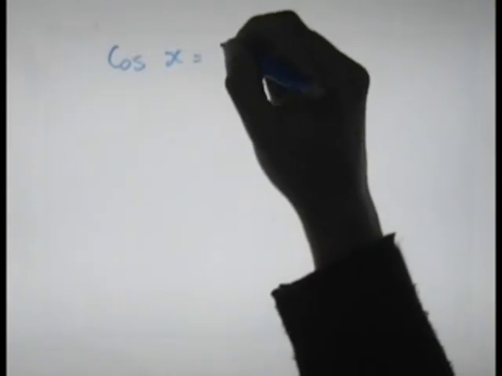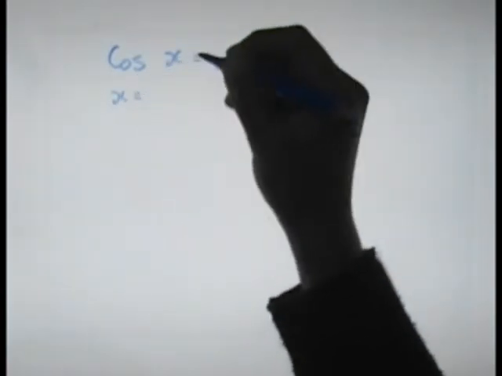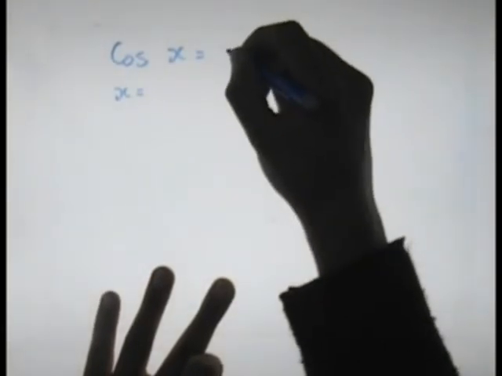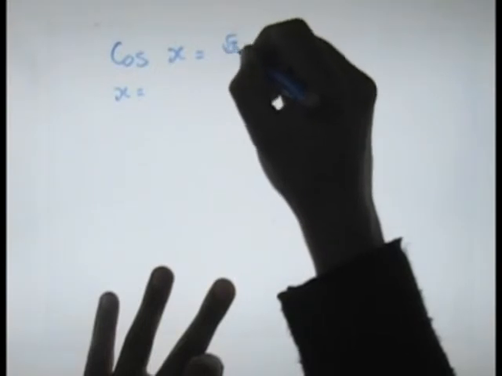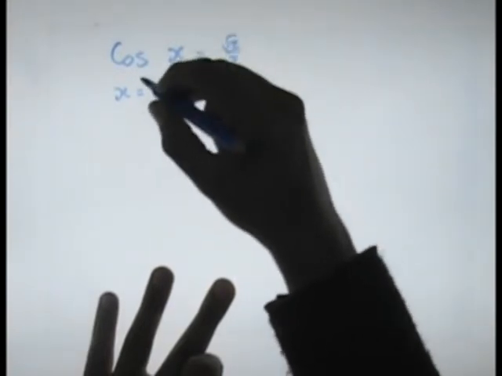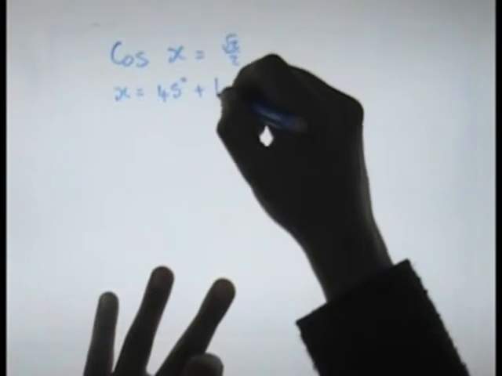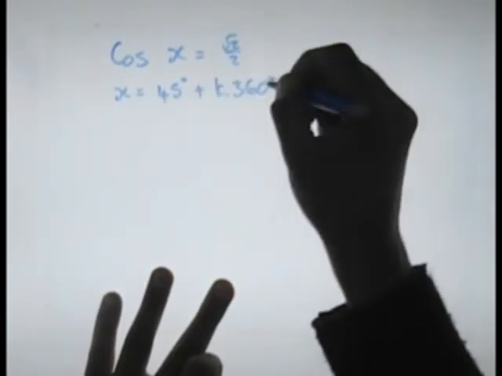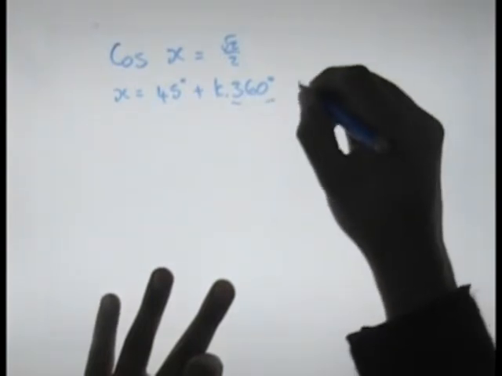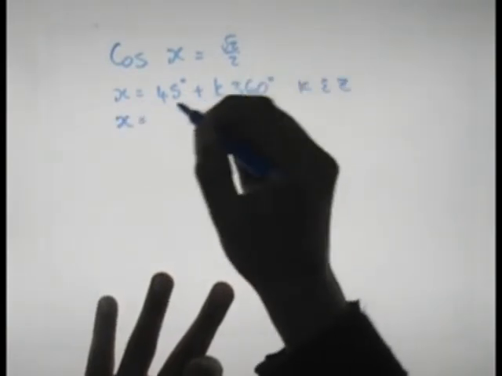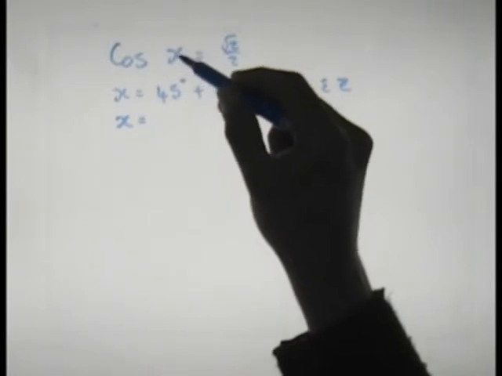So if cos of x is equal to something, let's say cos of x is equal to root 2 over 2, we know from special angles that x is equal to 45 degrees, but it's going to be 45 degrees plus k times 360, because the cos graph also repeats itself at intervals of 360 degrees, where k is an element of integers, or x is equal to, now where else is cos positive?